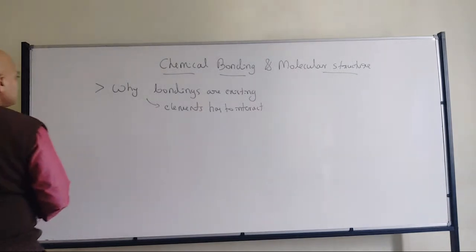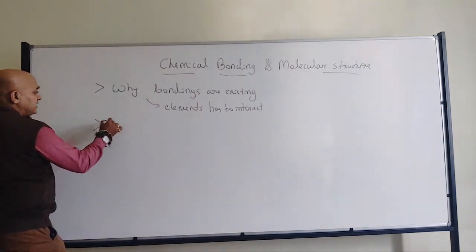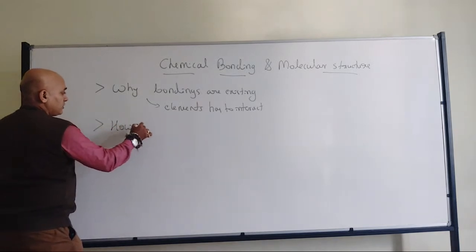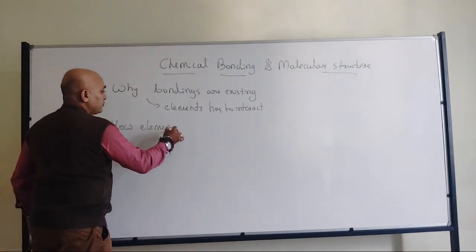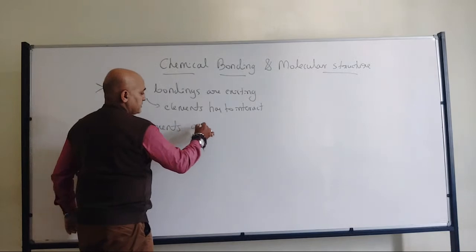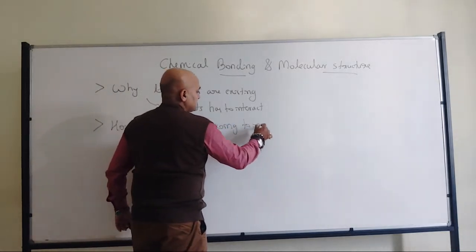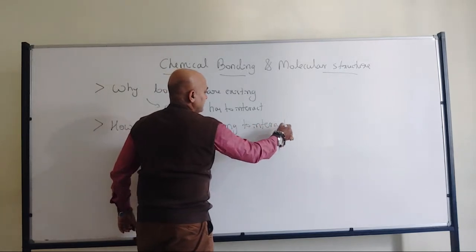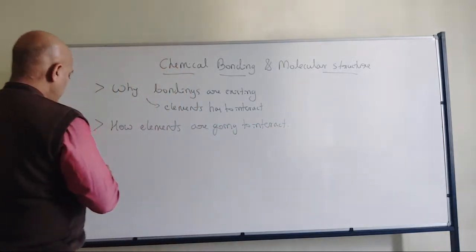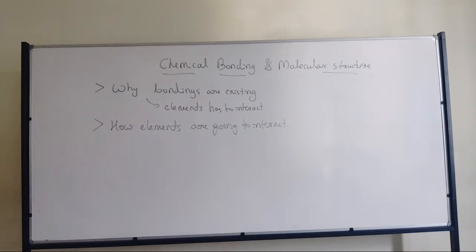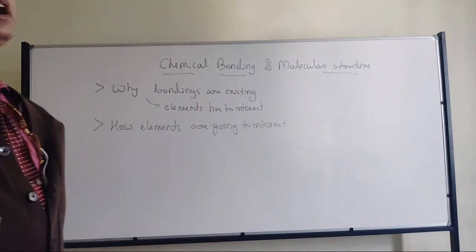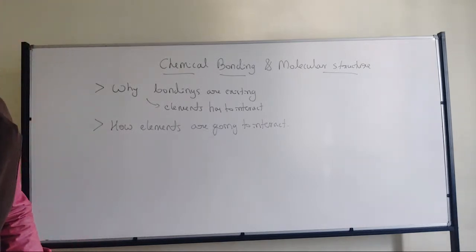Once the answer is given for this, then how elements are going to interact, that one we have to answer. So first, why does an element have to interact with another element? Why can't they live alone?